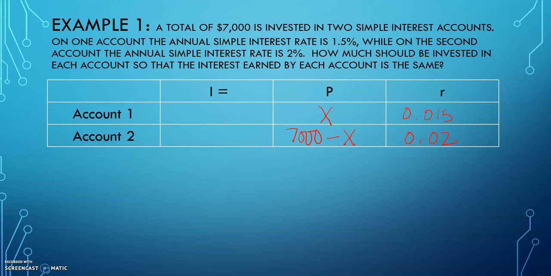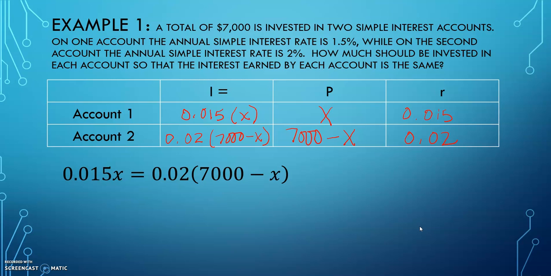The interest is 0.015 times x, and the interest here is 0.02 times 7,000 minus x. We want the interest to be equal, so write the equation: 0.015x equals 0.02 times 7,000 minus x.